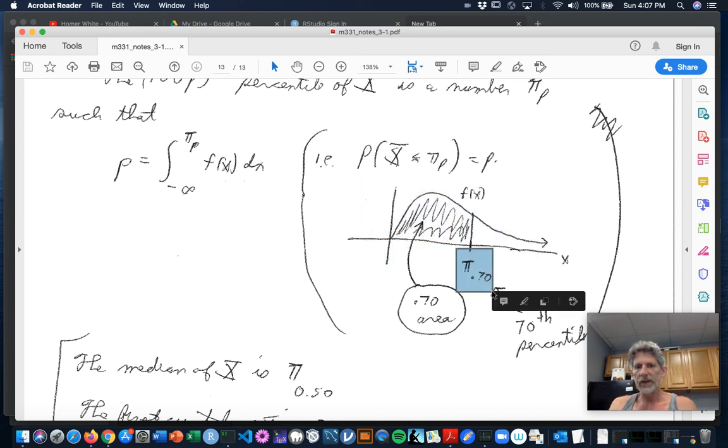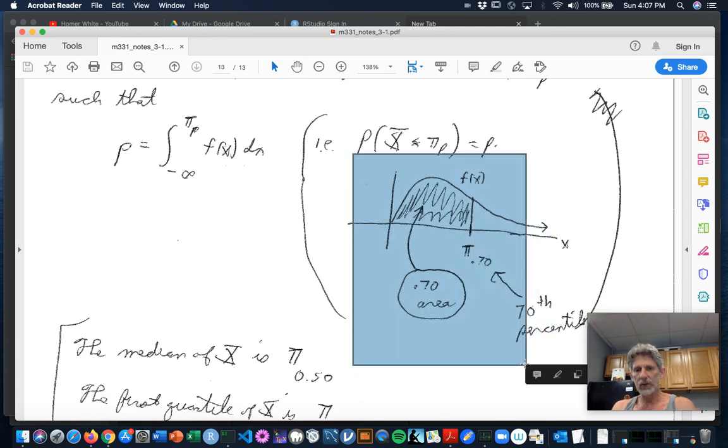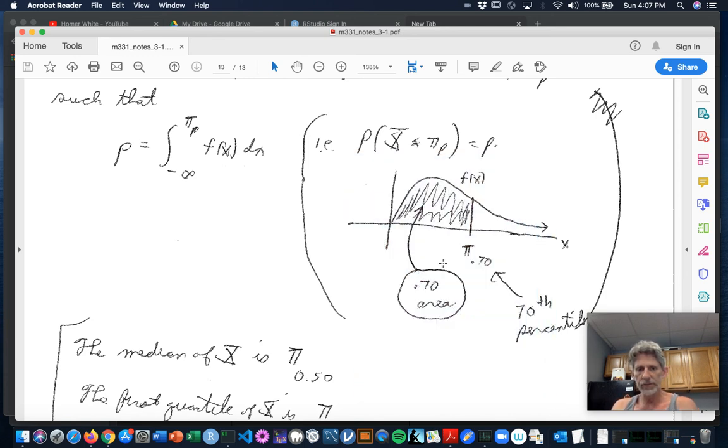And there's the 70th percentile somewhere along the x-axis. And what has to happen is that 70% of the total area under the density curve has to come before that percentile. Okay? So this picture should be your guiding picture when you think about percentiles.